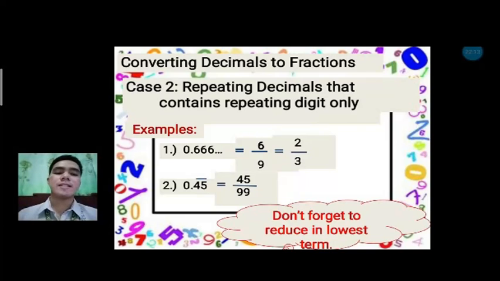Now, let's reduce it to its lowest term or simplest form. 45 and 99 are divisible by 9. So 45 divided by 9 is 5 and 99 divided by 9 is 11. So 0.45 with vinculum is 5 over 11 in fraction form.